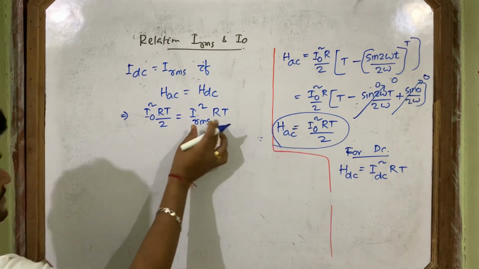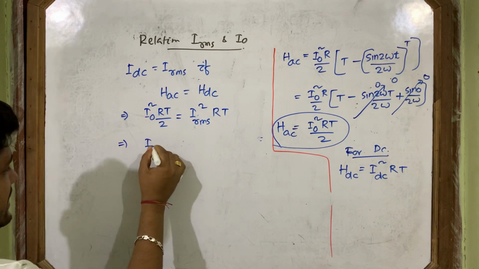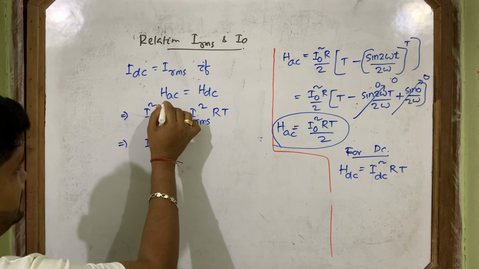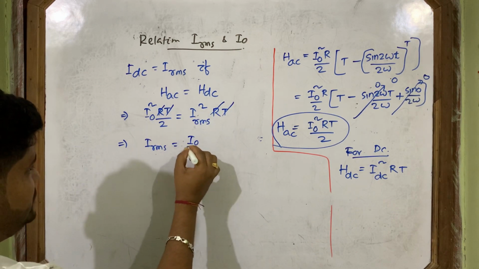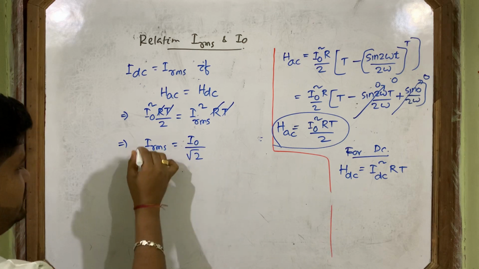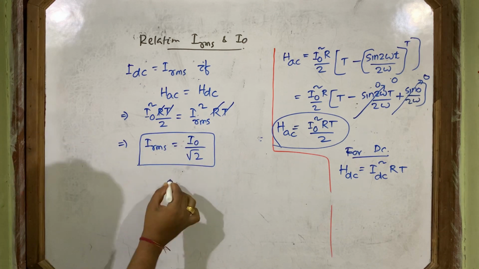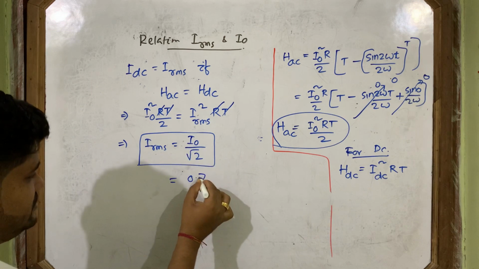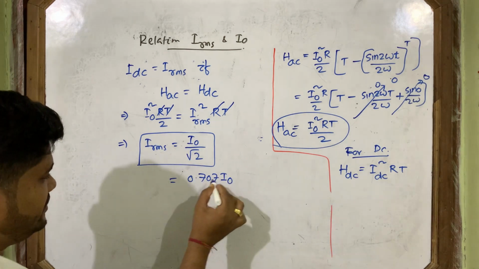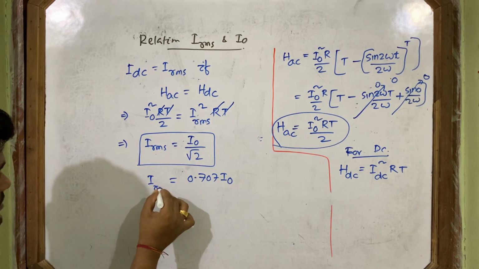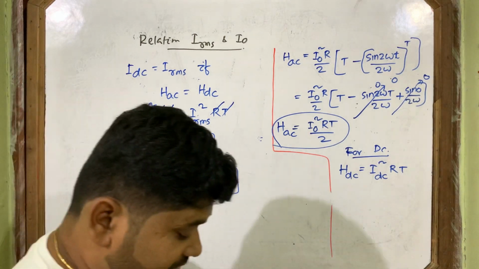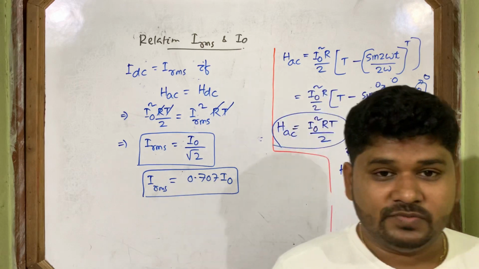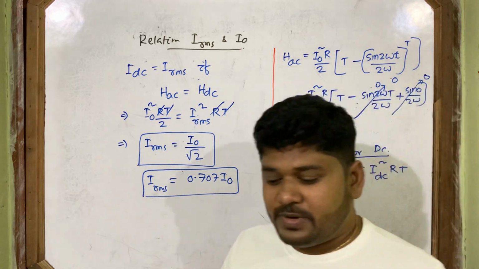From this, IRMS is equal to, RT cancels and you take the square root, I naught by root 2. If you put 1 by root 2, the value is 0.707. This one you remember, that 1 by root 2 is 0.707.